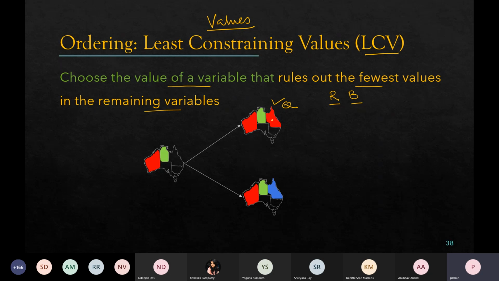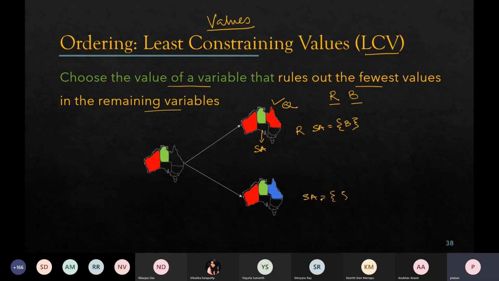Now if we have red here, and we check for, say, SA, what value can it take? It can take the value blue. So SA is left with blue. But what is the kind of value that SA is left with in the other case?